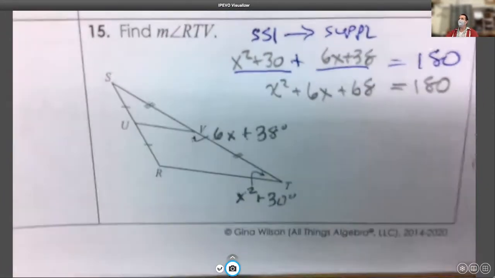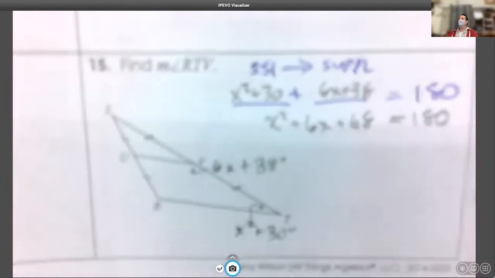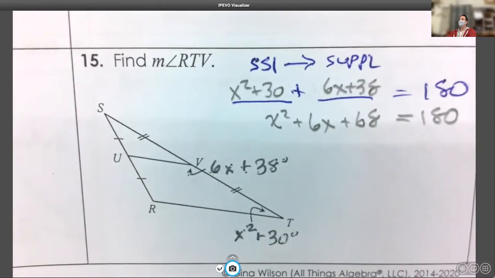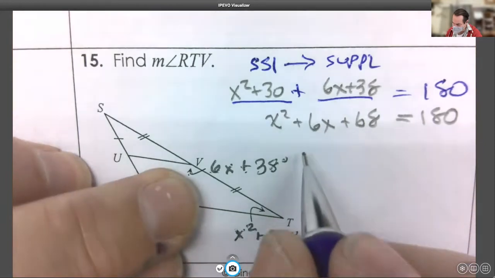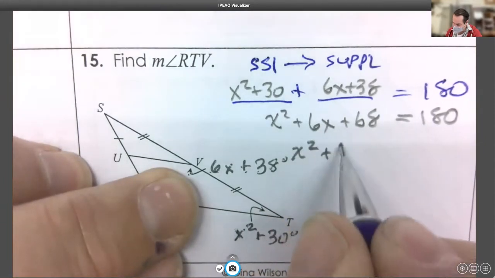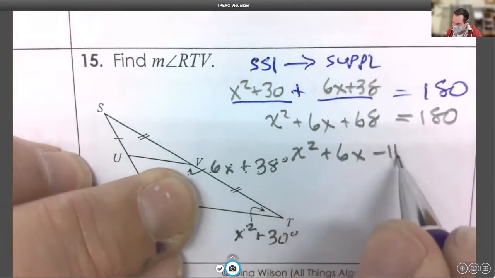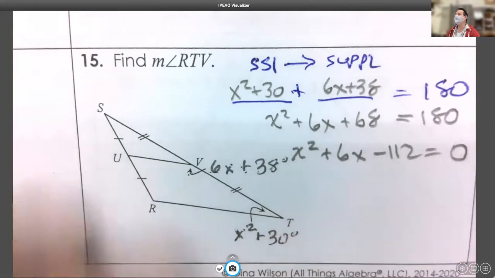If this were a linear relationship, I'd move my 68 to the right, wouldn't I? I'd get all my x's on the left and my numbers or constants on the right. But this is quadratic. So that's not my goal here. I need to get it set equal to 0. So I'm going to subtract 180 from both sides. X squared plus 6x minus 112 equals 0.